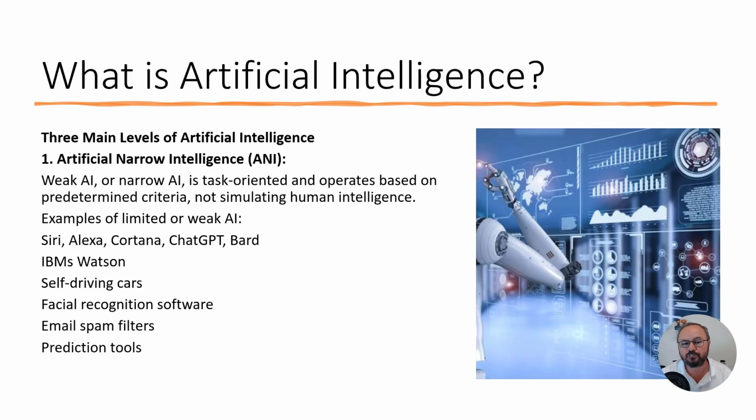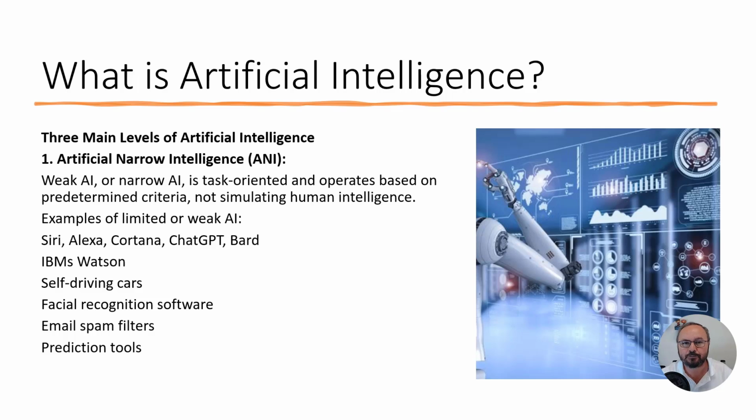It's not really simulating human intelligence in the sense of thinking like a human. AI today is only going to be able to respond how it knows to respond, which is how it's been programmed to respond. It's not going to have intuition. It's not going to be able to react based on how it feels.